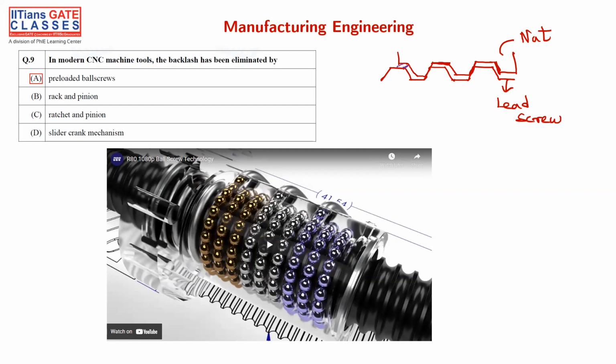You can see here, this is your backlash. Fine. So this can be eliminated by what? The answer is preloaded ball screws. So let's watch the video on what exactly these preloaded ball screws are.